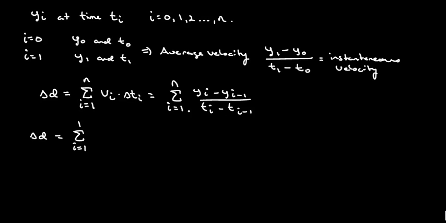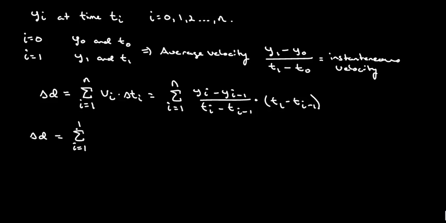I'm not done with this, by the way, yet. This has got to still be multiplied by the change in the t_i, and the change in the t_i is equal to t_i minus t_{i-1}, like that. That is the change. Velocity times the amount of time that you take to do that is your change in your distance.